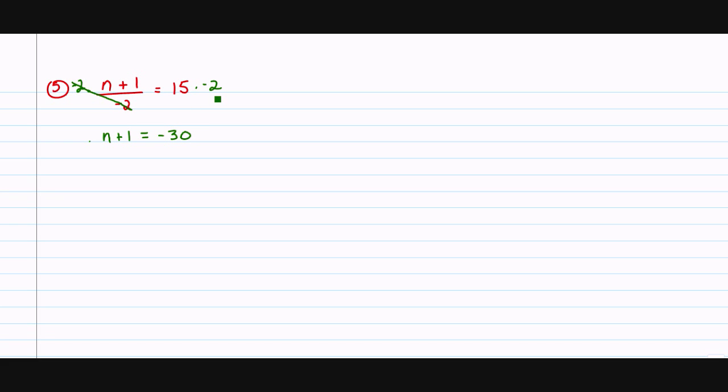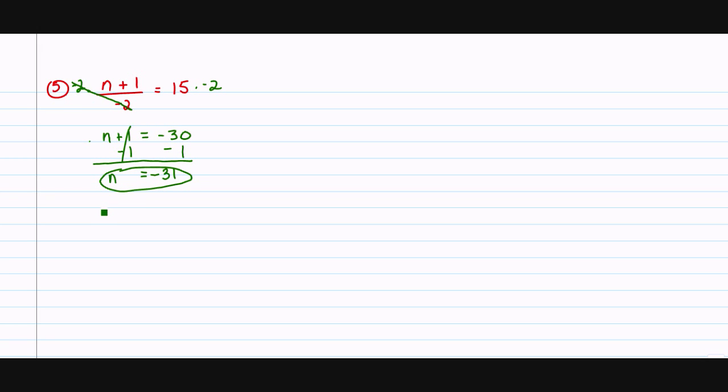15 times negative 2. I'm going to subtract the 1 on both sides, leaving me with n equals, the signs are the same, so I find the sum, which is negative 31.